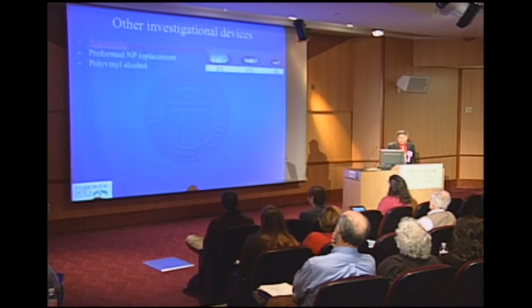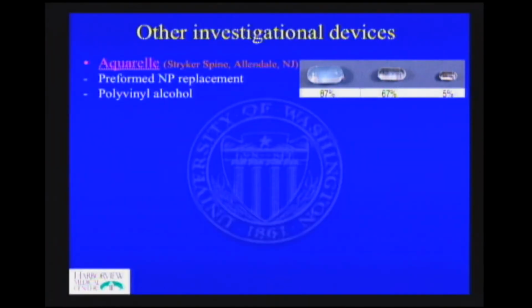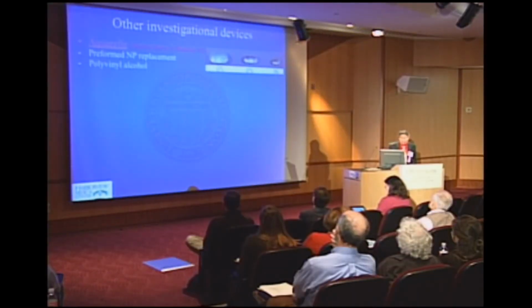Now, there are some other investigational devices. One is the Aquarelle, which is inserted in a dehydrated form, and over time it absorbs water in the disc space and swells so that it can increase the disc space.